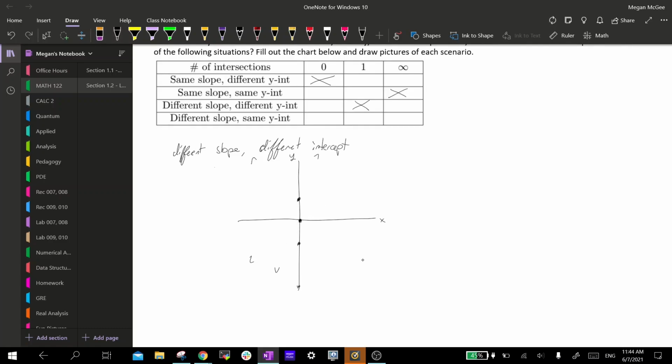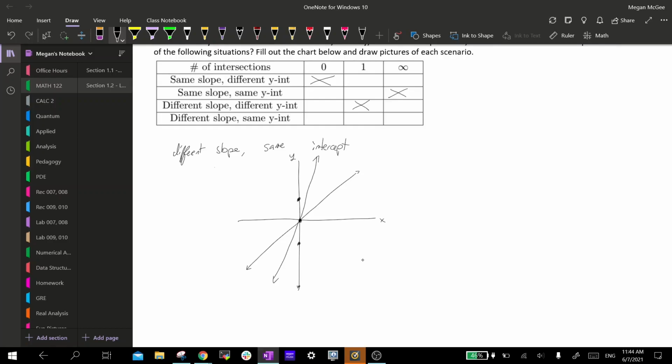All right. So now we have different slope and same intercept. Think about this for 2 seconds. What do you think's going to happen? Different slope, same y-intercept, well, it's got to go through the exact same intercept, right?